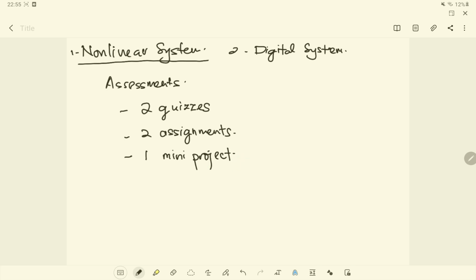So that is for my part. But the scope for the mini project covers what you have learned throughout this course, not just my part.